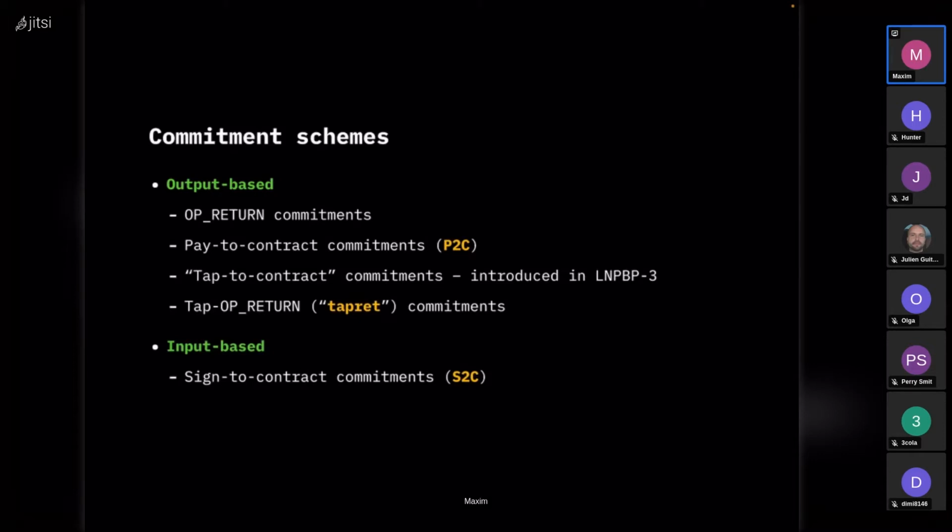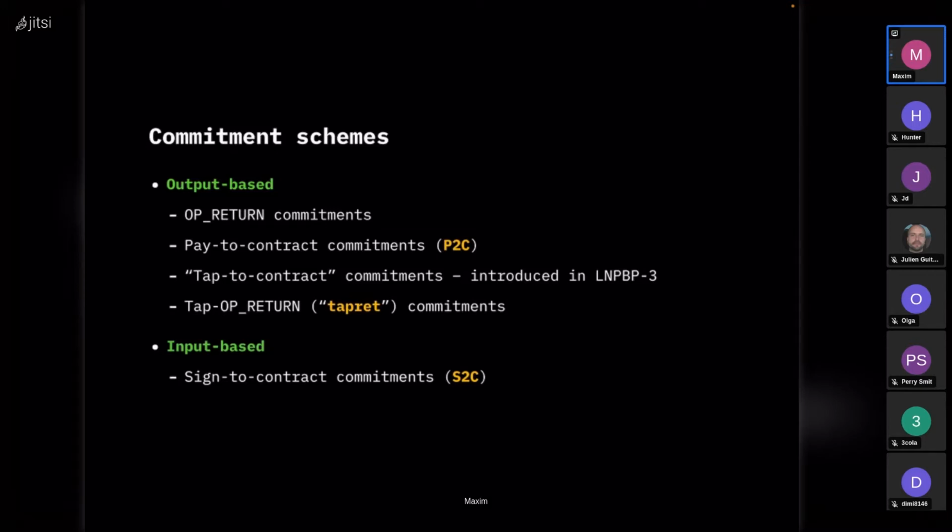So there is another commitment scheme, which is also output-based and which is compatible with Taproot. The idea of that commitment scheme actually came from the Bitcoin mailing list. Somebody proposed that we can put an OP_RETURN code into the Taproot script, into the tree of Taproot scripts.